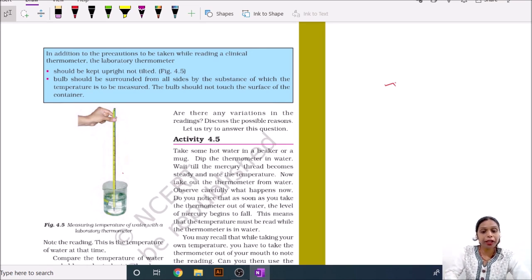It is very important when using a thermometer to measure water temperature. When you put the thermometer in the beaker, you will observe the temperature of water at that time, and that is the temperature of the water at that time.